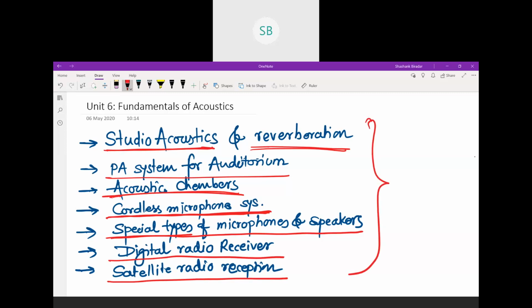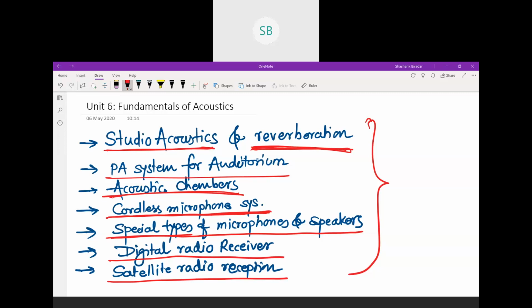Today we will be looking at the fundamental concept of acoustics. Then what do you mean by reverberation? Most of you know what reverberation is, but here we will see the definition along with some calculations, and how important reverberation is.